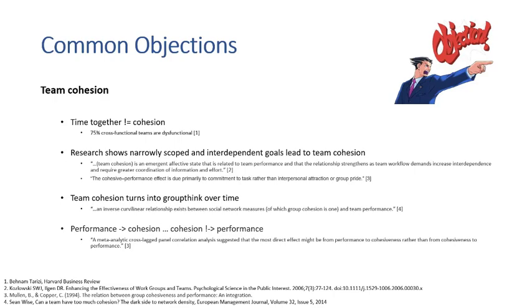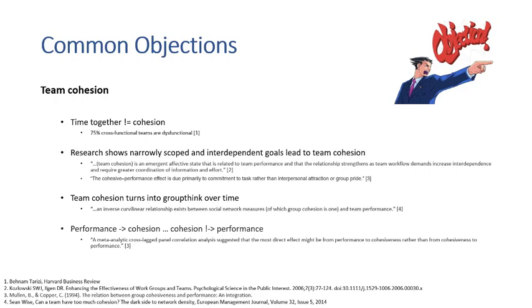It is an effect due primarily to the commitment to a task, right? Having the group committed to a task, which again goes back to it needing to be a fairly well-defined task that helps the team understand the overall goal, will lead to the cohesion of the group. It is not an external force acting upon the team. It is something that the team actually emits as part of the work that they do. It's kind of an inverse of what most people think of in terms of team cohesion.